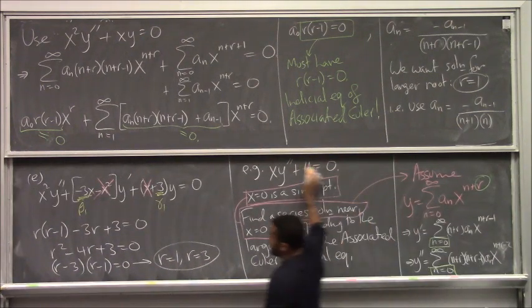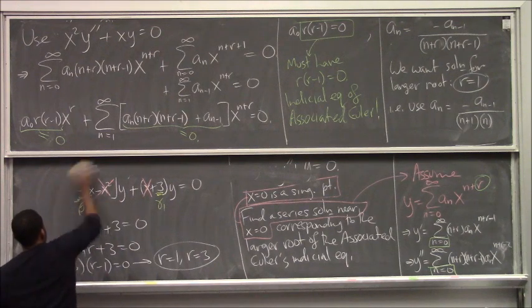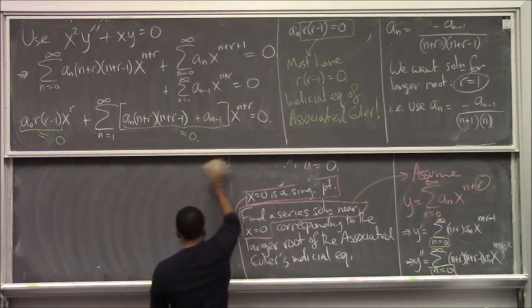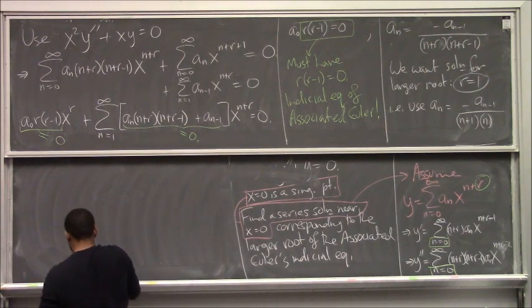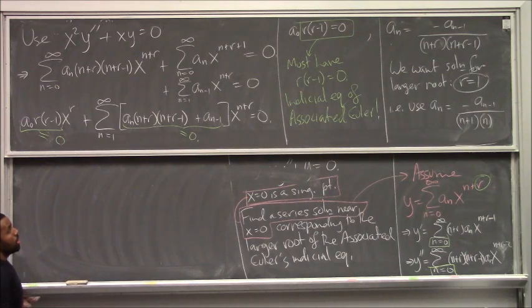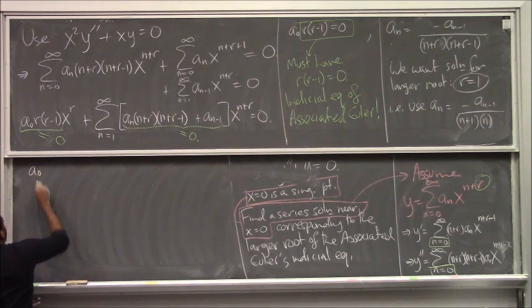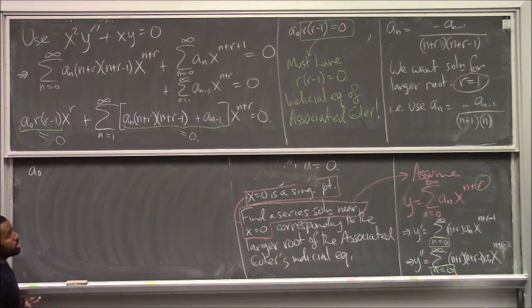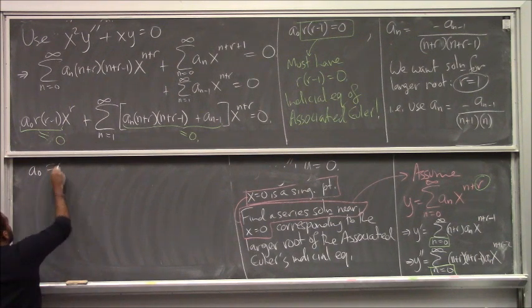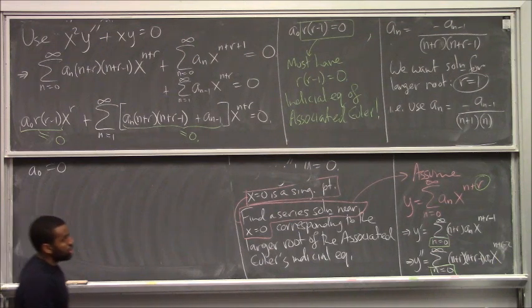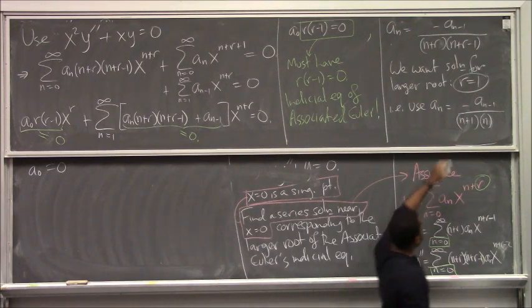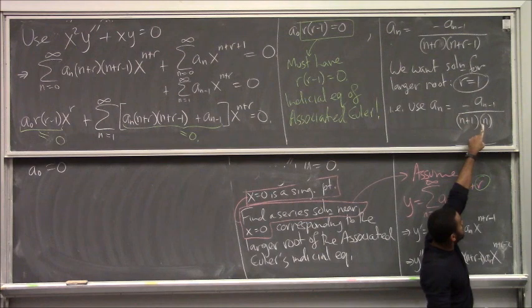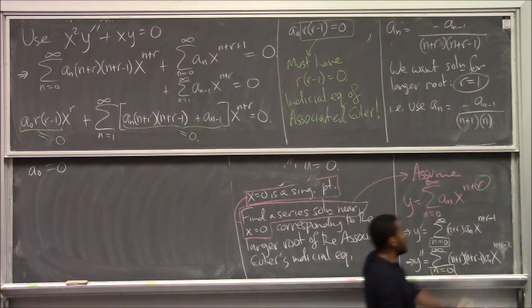And now I'm just going to find a bunch of coefficients. So, A0 is just A0. You'll notice here that your A0, according to this, would be 0, because if I plug in 0 here, I would get a to the minus 1 there, which is not a part of our series.